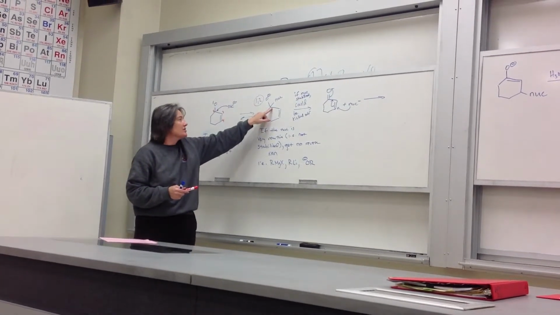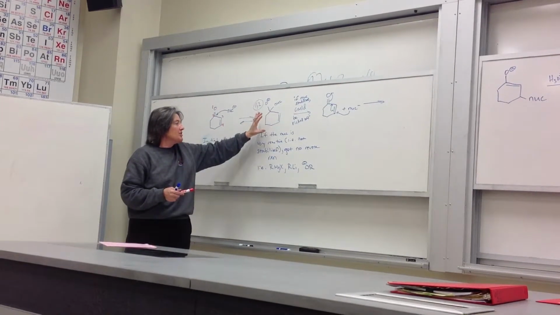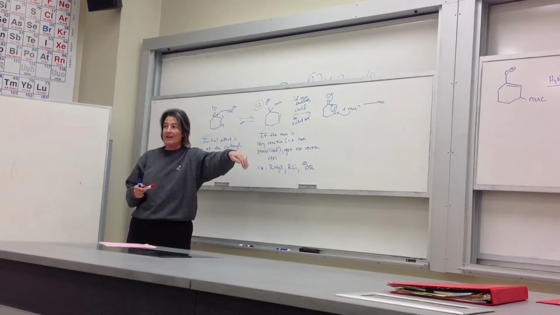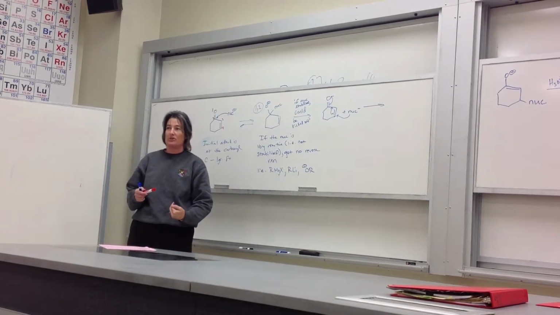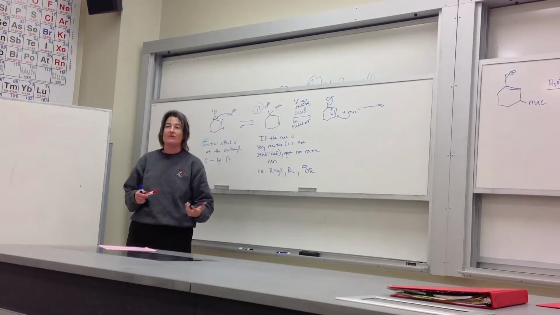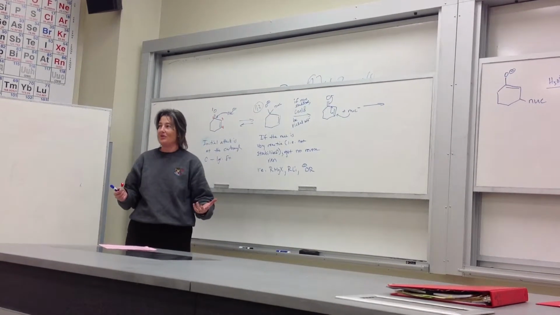Then you get this. And then the real question is, can your nucleophile be spit back out so that it's available to eventually attack the number 4 position? If it can, you'll get some 1,4. If it can't, then you don't get any 1,4.